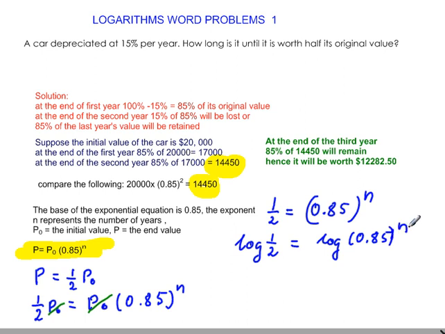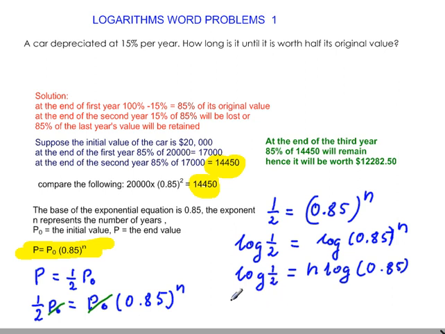So now the rule says factor out this exponent. So n goes out, times log 0.85. It's a definite number, and so is log of 1/2.